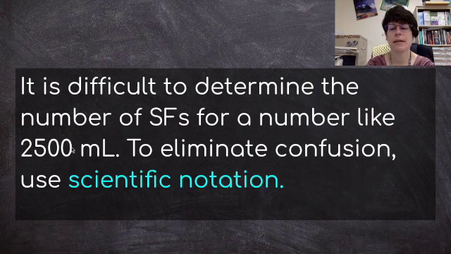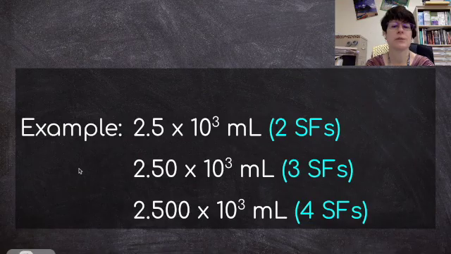But to eliminate confusion, like I talked about with those other placeholding zeros, we can use scientific notation. So if we wrote 2,500 as 2.5 times 10 to the third milliliters, we would clearly see that there are two significant figures here, the 2 and the 5.